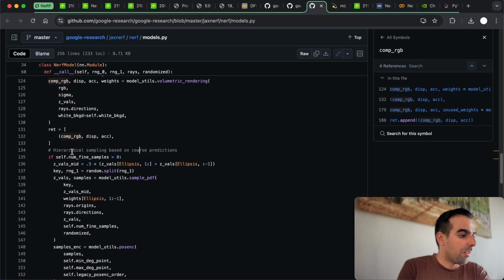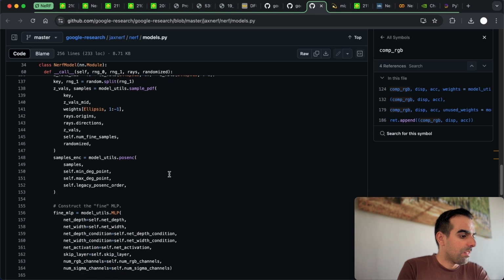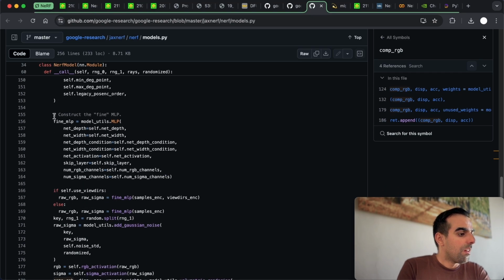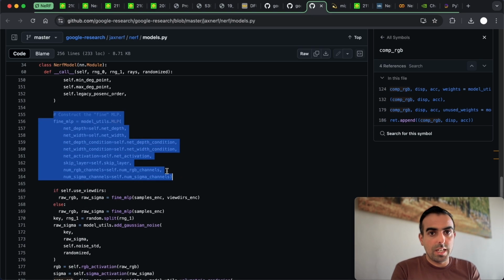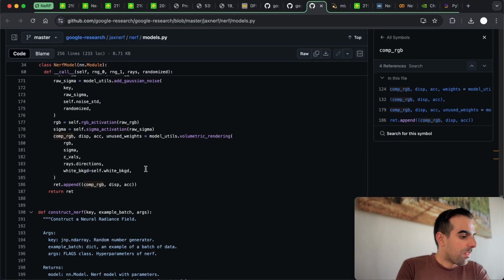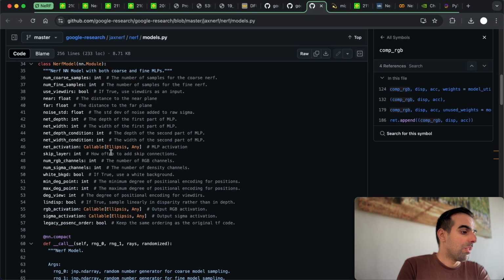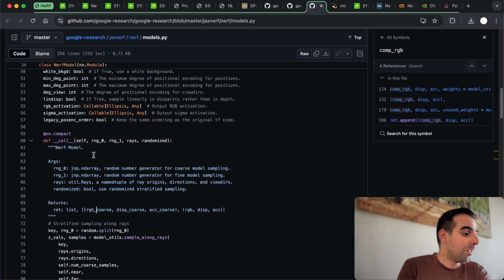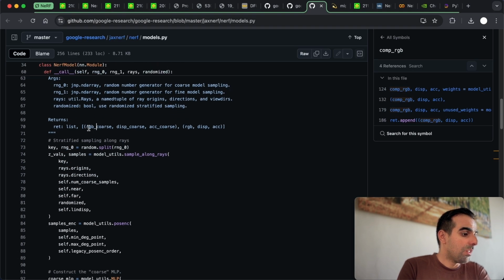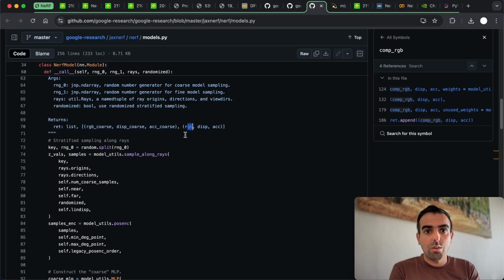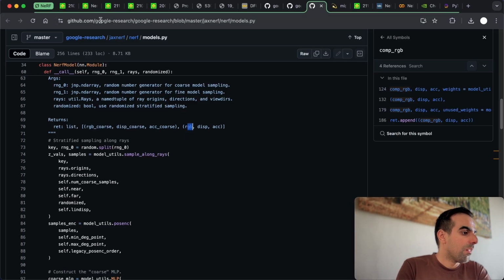Then it starts hierarchical sampling and trains a second MLP, and at the end it appends the rendering from the coarse to fine sampling along with the coarse rendering. So this function here, the NeRF model, it returns the rendering for coarse sampling and the rendering for both coarse and fine sampling.